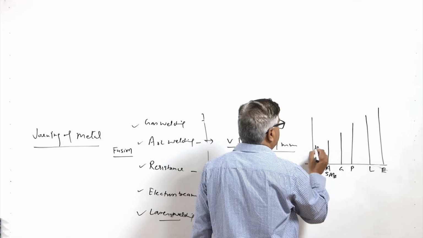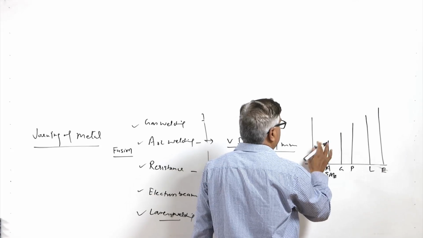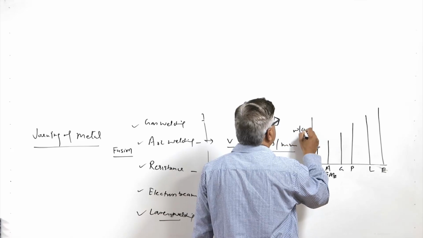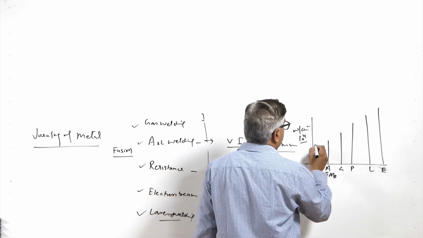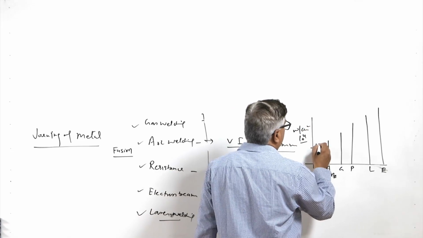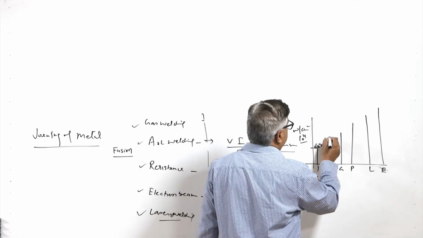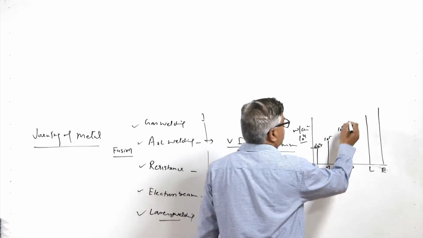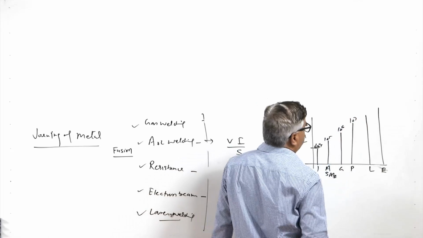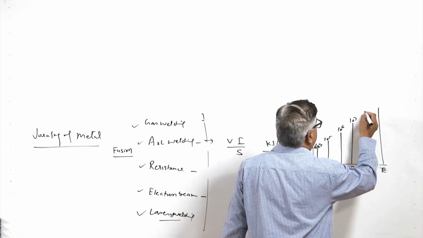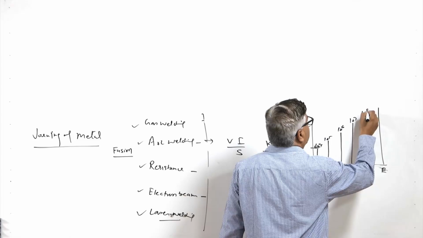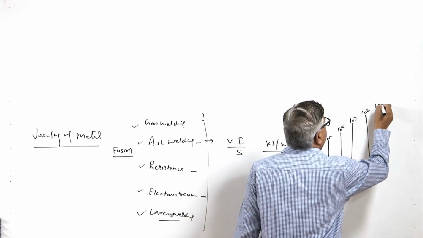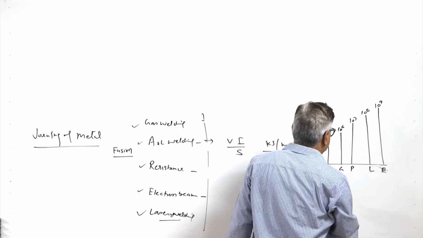If we see the power density, this is in 10 to the power 4 watt per centimeter square, 10 to the power 5, 10 to the power 6, 10 to the power 7, 10 to the power 8, or even greater than 10 to the power 9 watt per centimeter square.